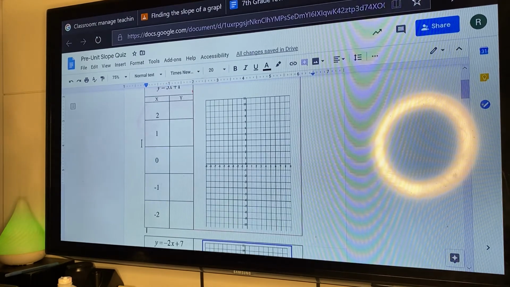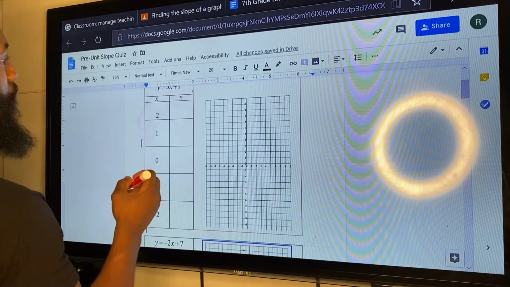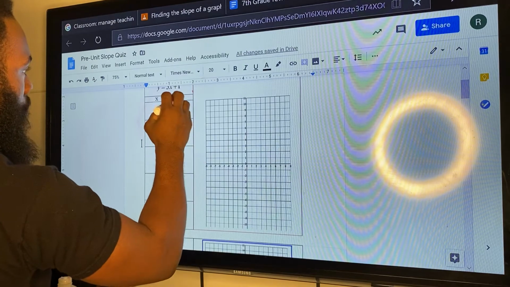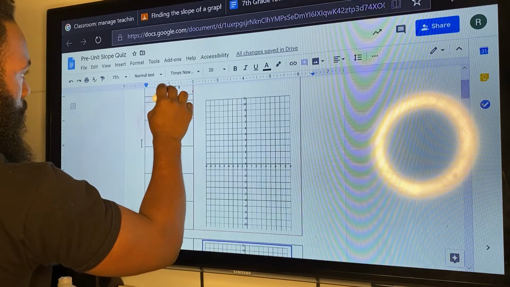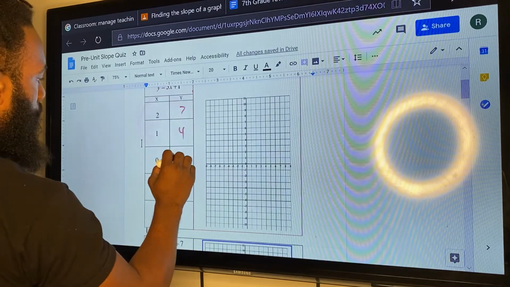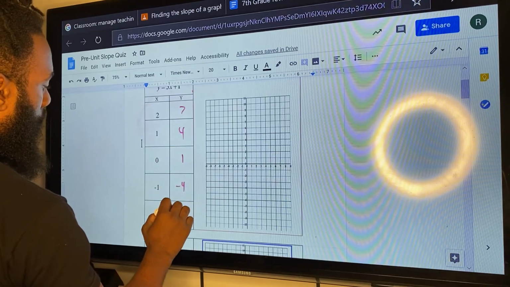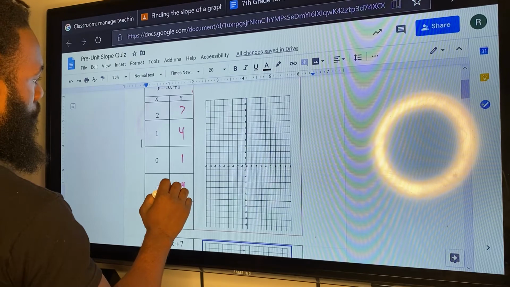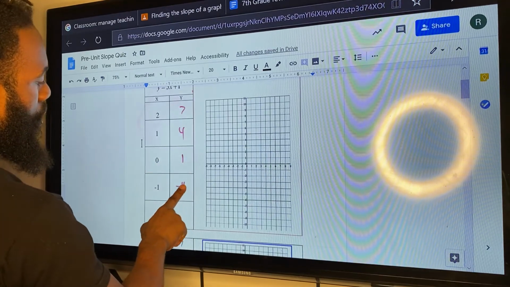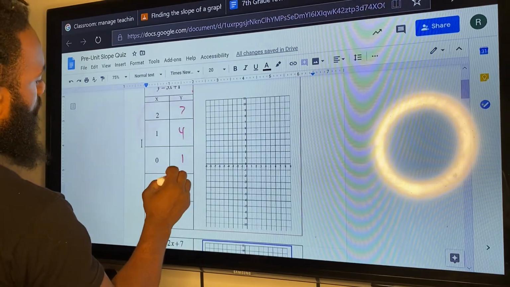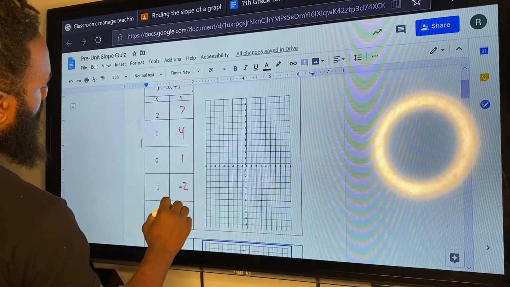Fit the whole graph. Perfect. I fit the whole graph here. So again, here I started with 3 times 2 is 6, 7, 4, 1, negative 2 and then negative 5.